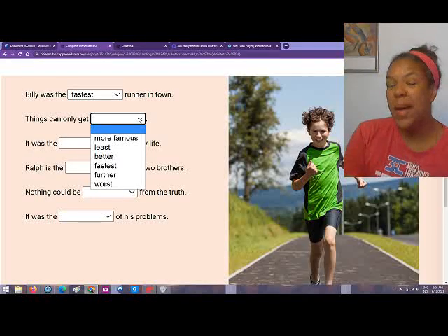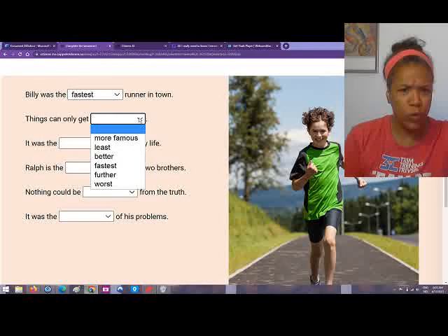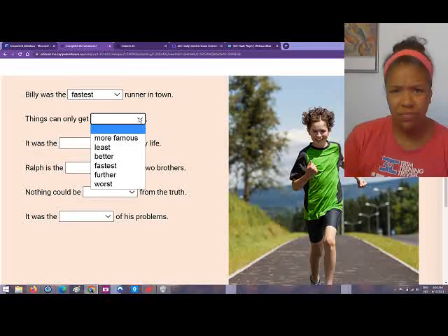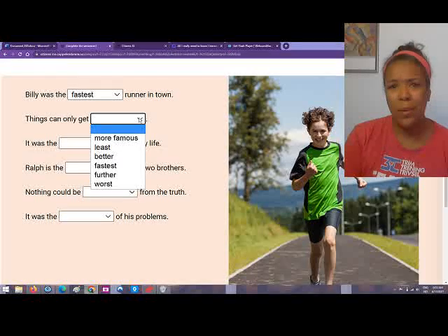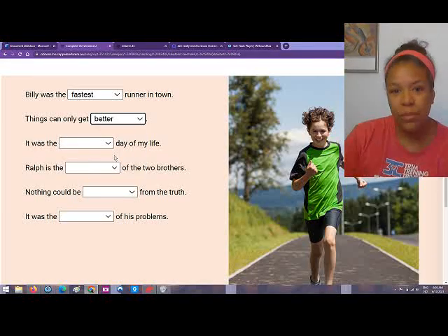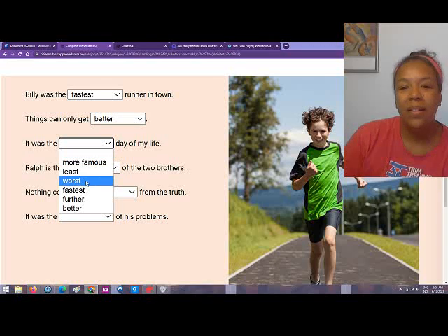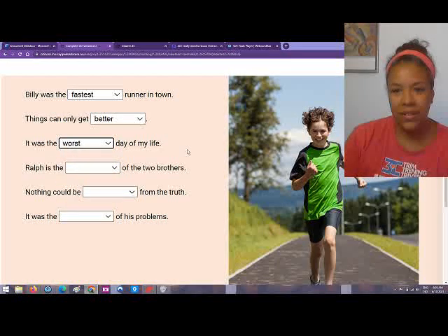When things are bad, when things are going wrong, when things are not doing so fantastically well, they can only get better. It was the worst day of my life.